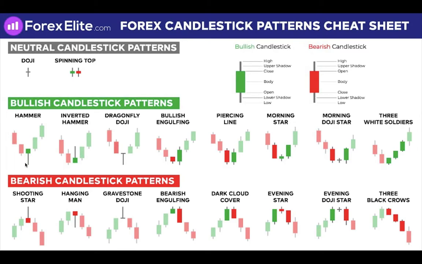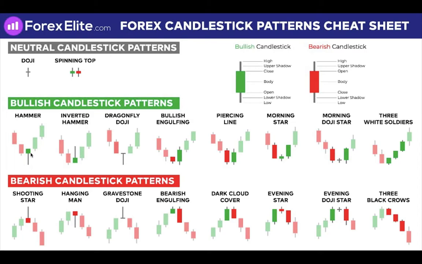This is a bullish pattern, and it is anticipating that the trend is going to reverse. So if you see a hammer, you have to anticipate that the trend is going to turn.